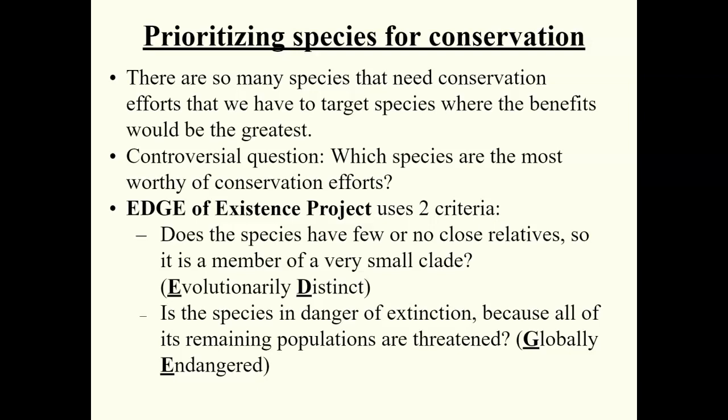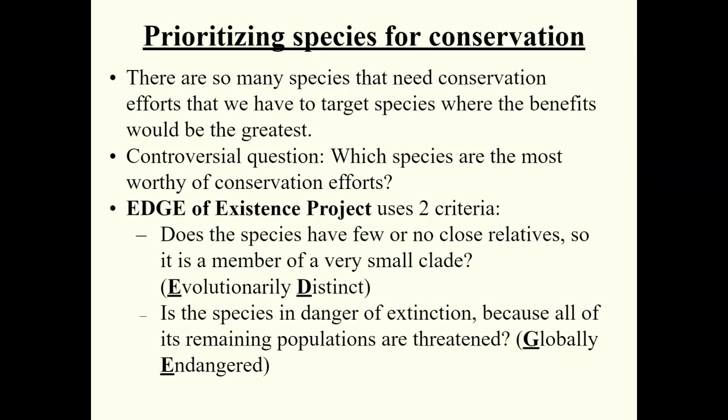They ultimately have to decide which species are the most worthy of conservation efforts. They're all worthy of it, but how do we choose which ones to spend most of our time, effort, money, energy into? So they typically use two criteria. The first criteria is, does the species have few or no close relatives, and therefore it is a member of a very small clade? That would mean that there's not a lot of organisms left or species left that are similar to them.